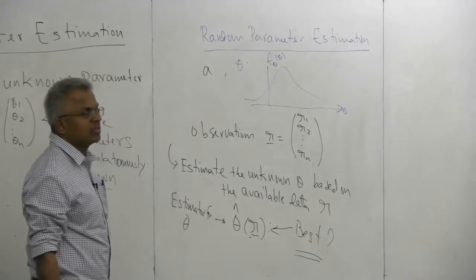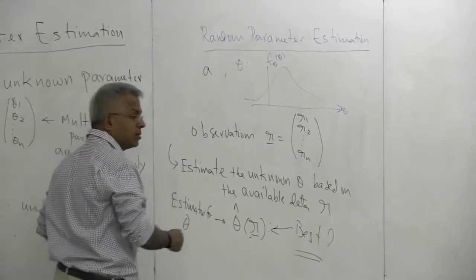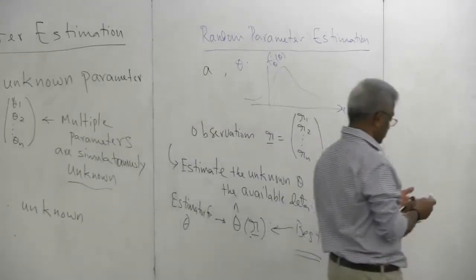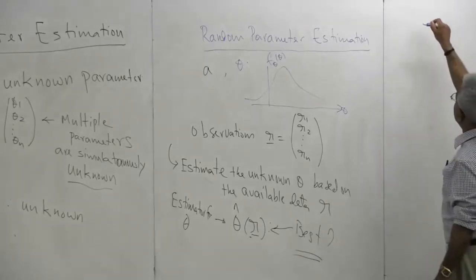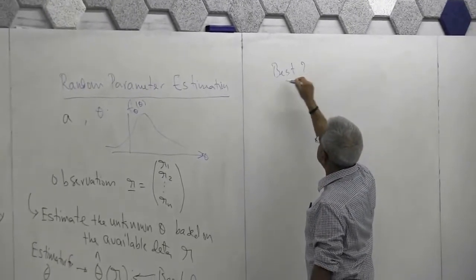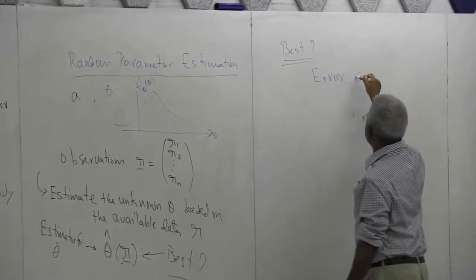So then you can ask again, best in what sense, right? So you need some criterion, so of course we bring in error.